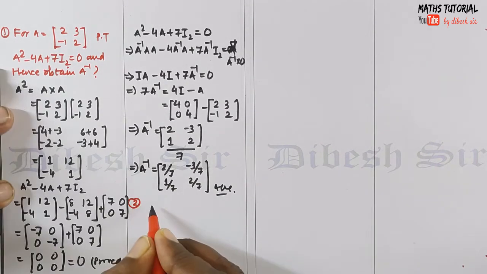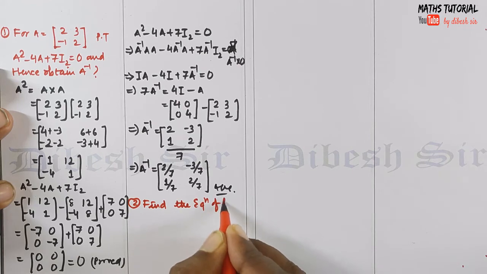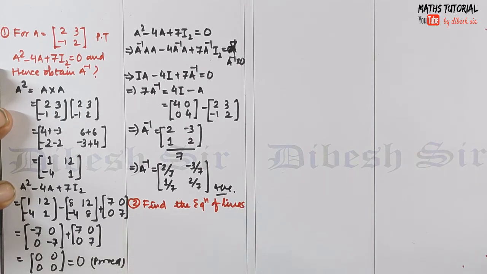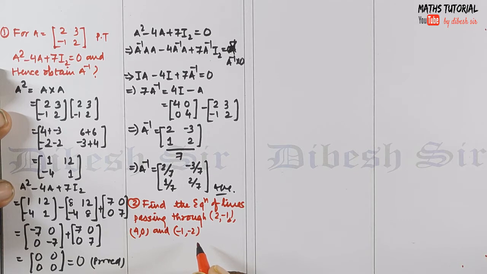Let's go to the next question. Find the equation of line passing through (2, -1), (4, 0) and (-1, -2), (4, 1) using determinant method.